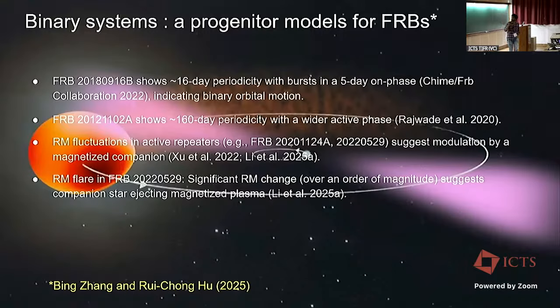In terms of transients like FRBs, we have motivation to look for such objects in our Milky Way galaxy itself. For example, some of the FRBs have a 16-day period with a 5-day orbital period on the active region, and similar for other FRBs.